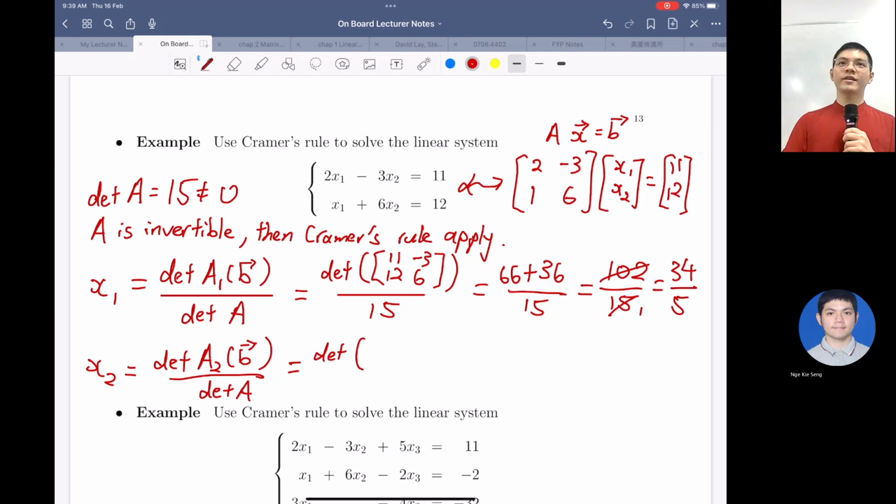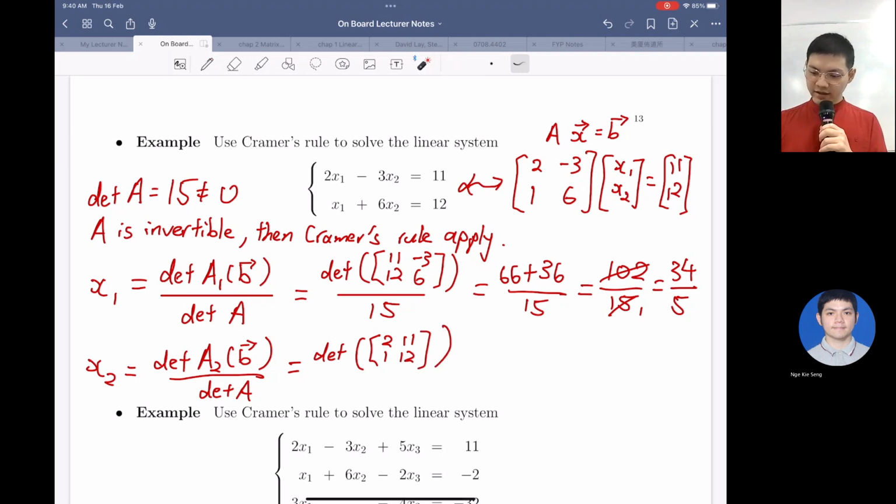How about A2B? Okay, A2B. Let's see if anyone from this row, the middle row, can recognize what is A2B. What's the first column? 2, 1, good. What's the second column? 11, 12, good.